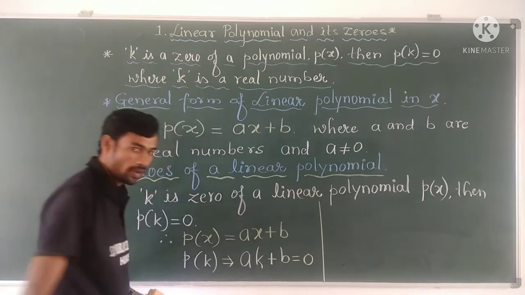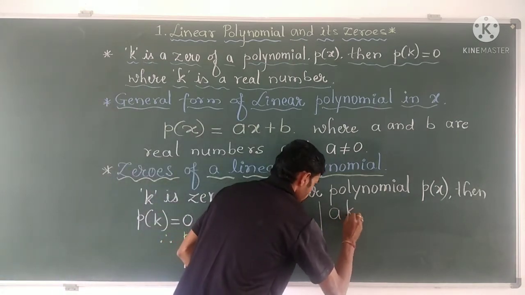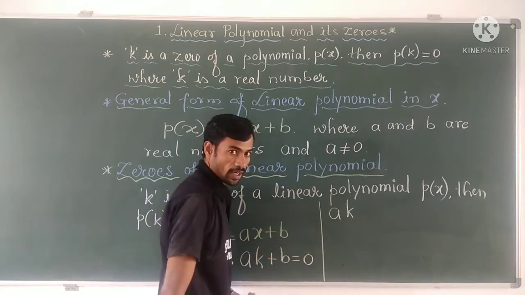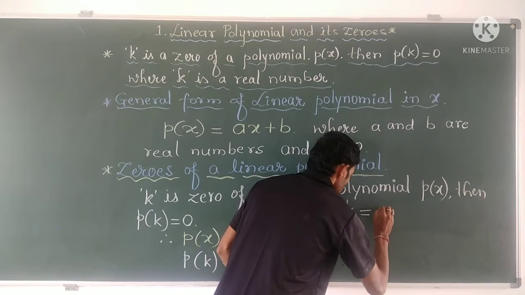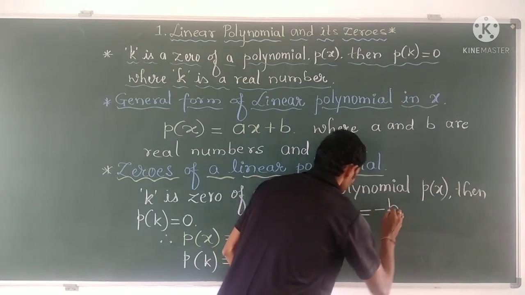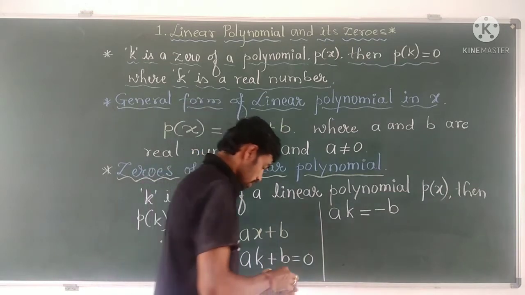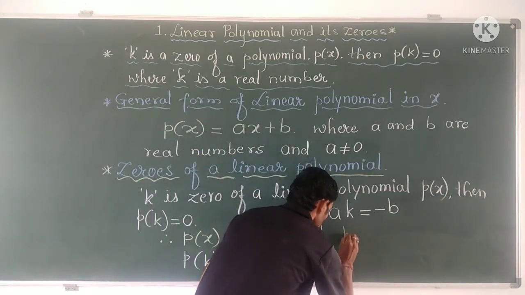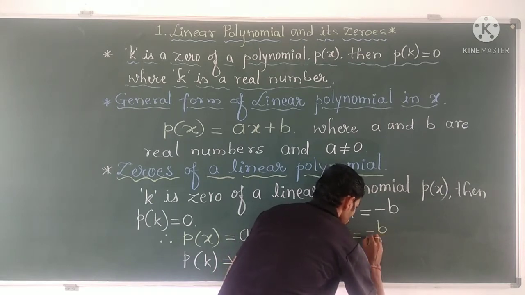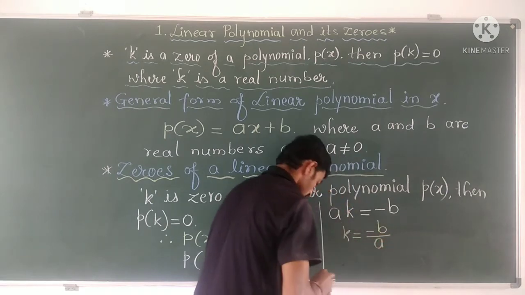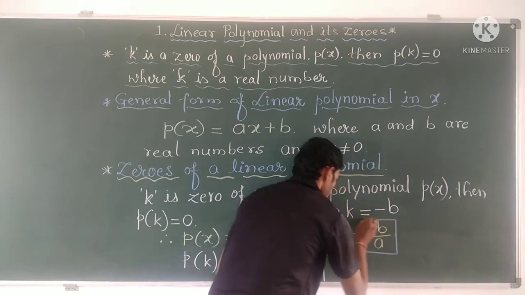Now, ak plus b equals 0, so b should be moved across, and it will become minus b. So a into k is equal to minus b. Now a should be divided, and we get k is equal to minus b by a.